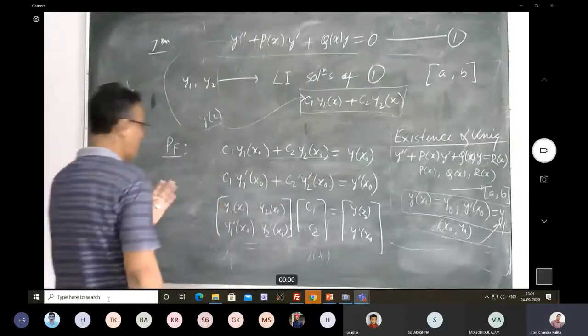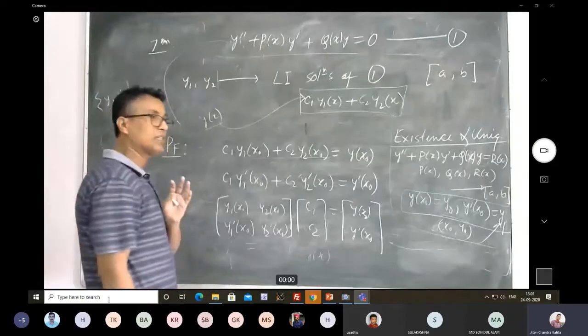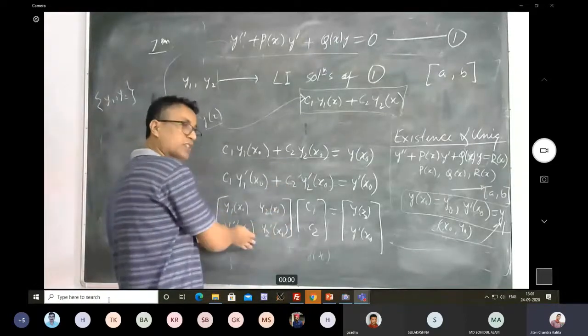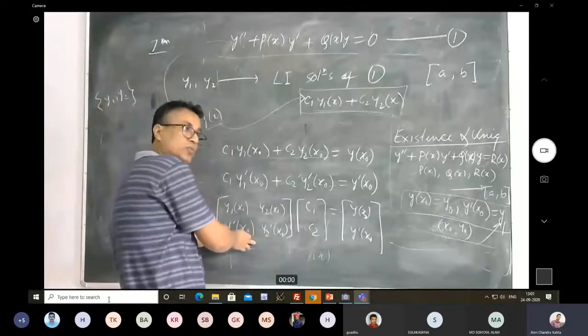And for that to happen, I must have the determinant of the coefficient matrix non-zero, okay?